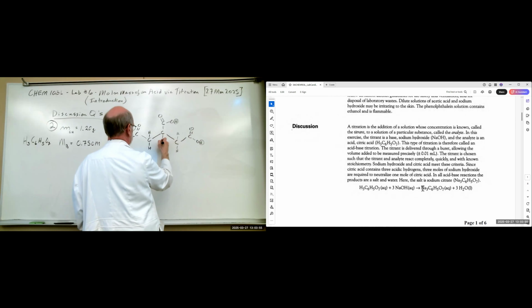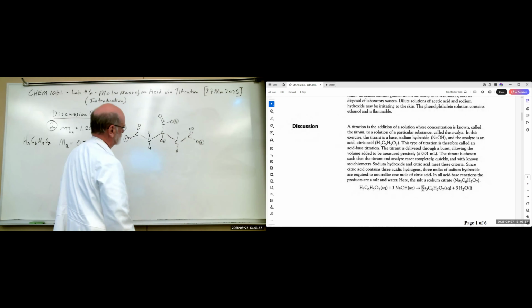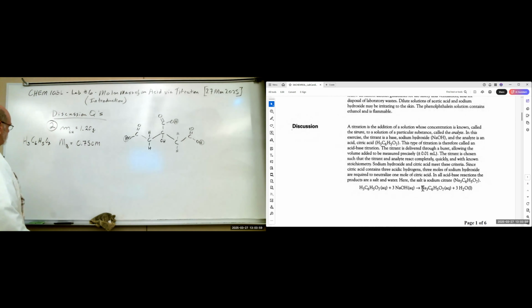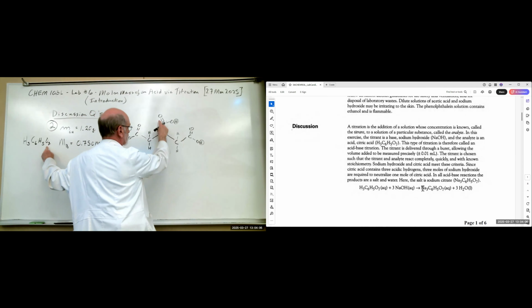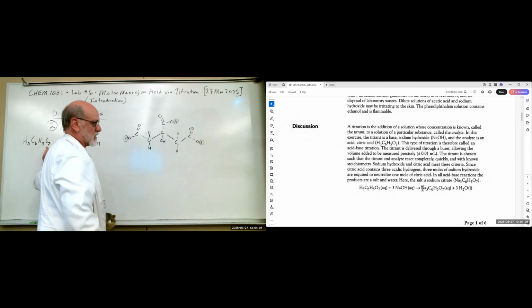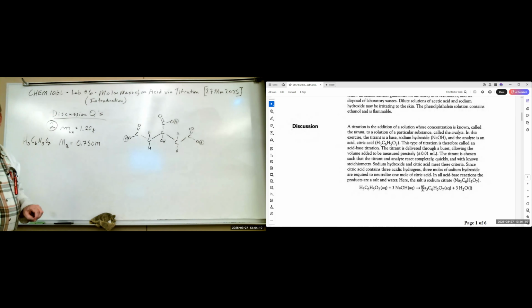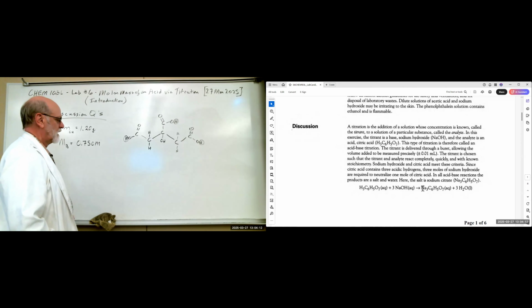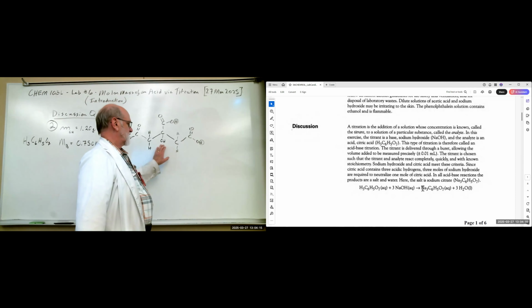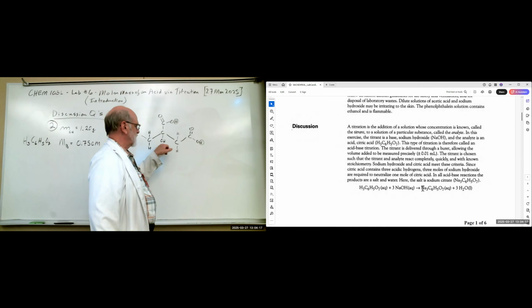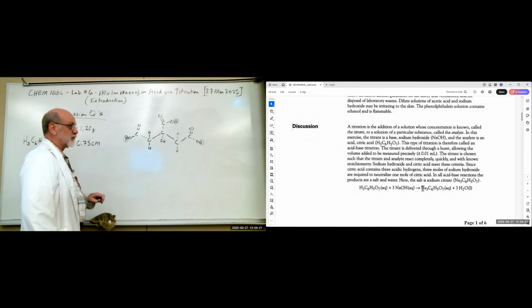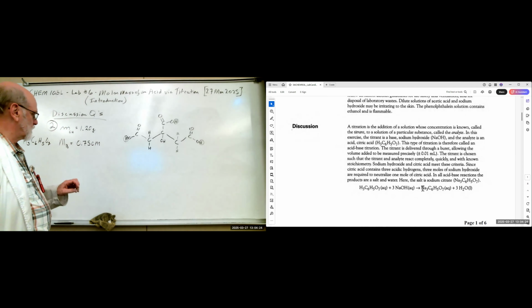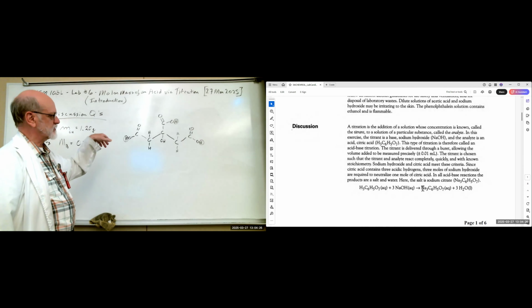I think there's an OH here. Let's see if that's right again. 7 oxygens, 1, 2, 3, 4, 5, 6, 7. Yeah, there's a hydroxyl right there. Okay, my mistake. But this one is less acidic than the others, and it doesn't titrate either. Now we could force it, but under these conditions, we're only going to have access to those 3.